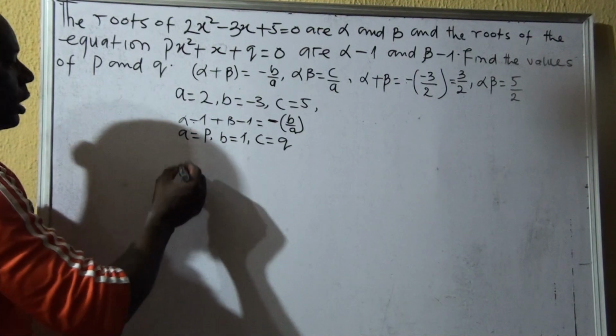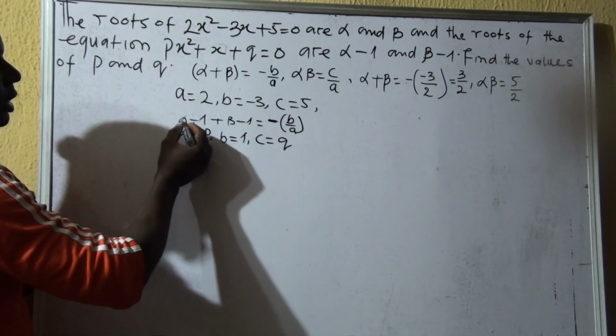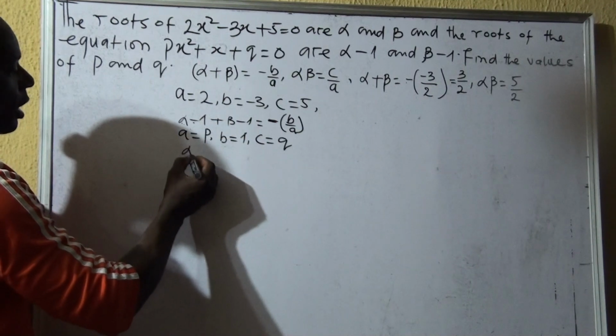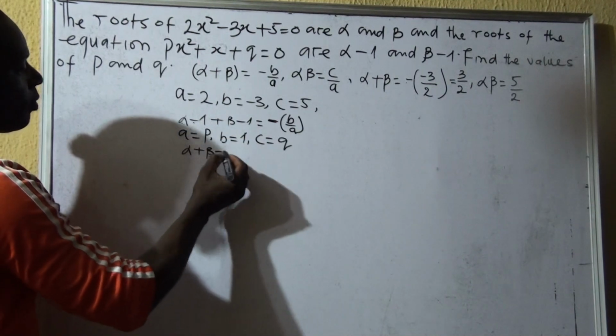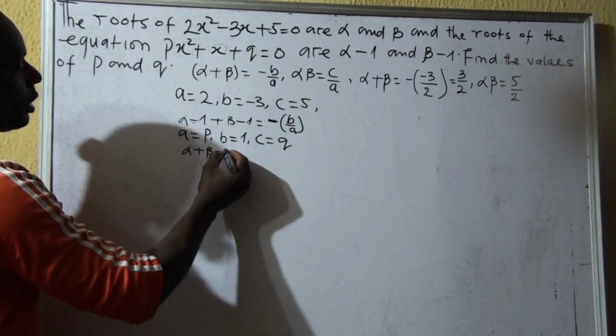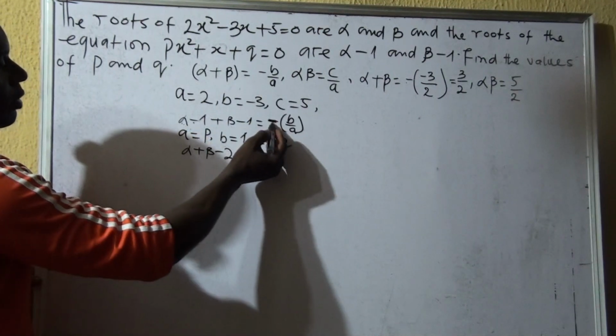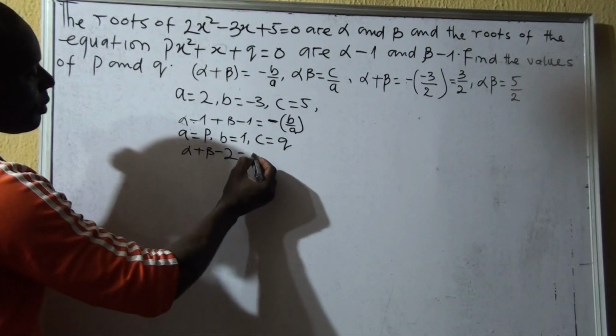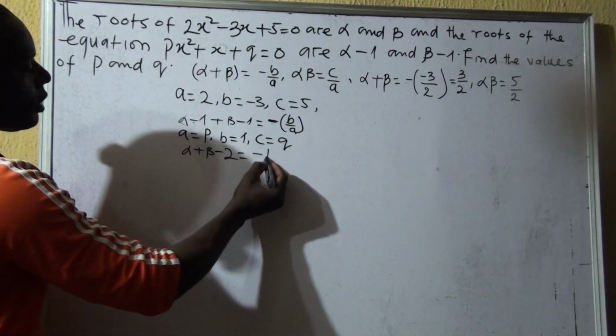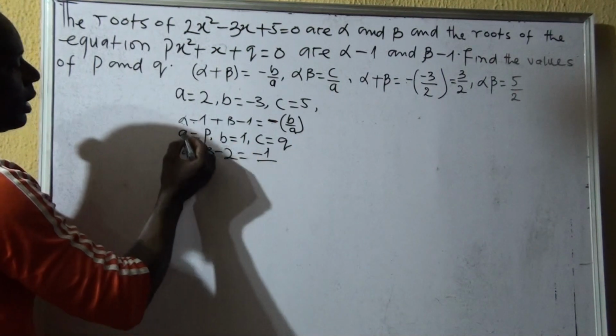Now alpha plus beta minus 2 is equal to minus b over a, and b is 1.